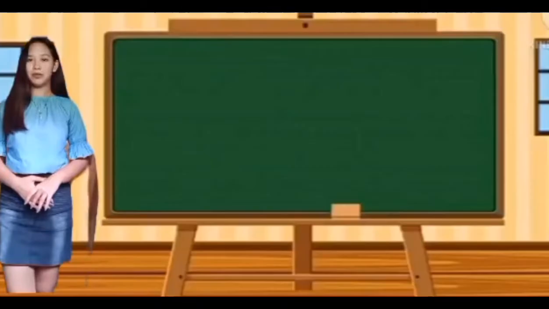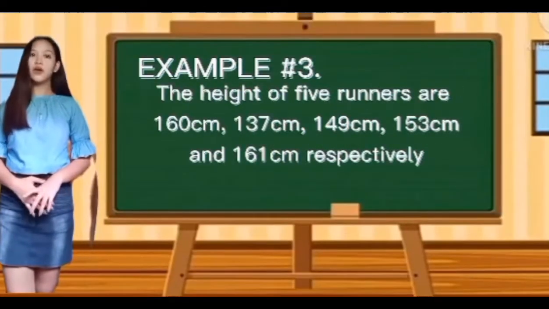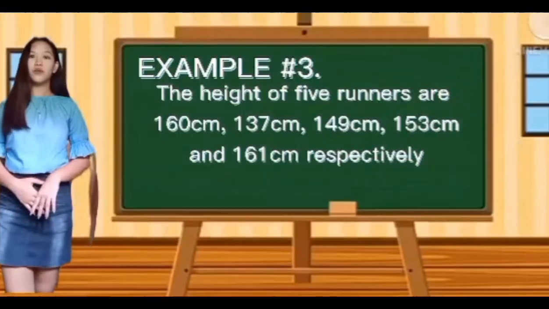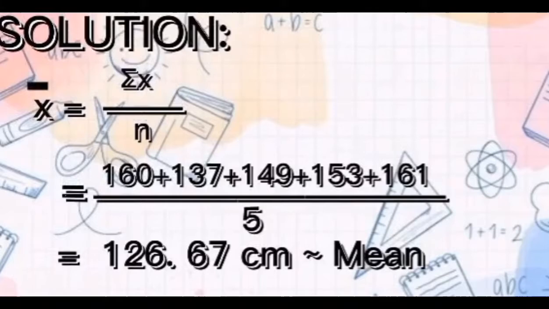Another example. The heights of 5 runners are 160 cm, 137 cm, 149 cm, 153 cm and 161 cm respectively. X bar is equal to the summation of x over n.